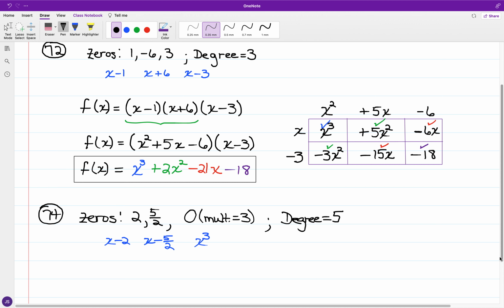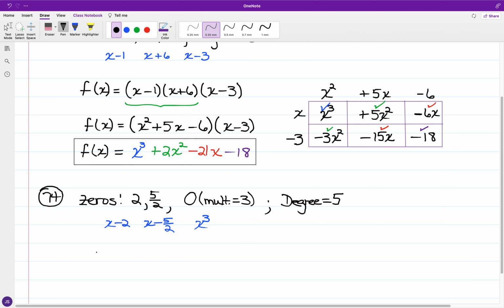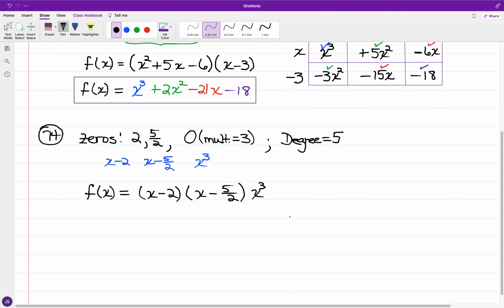So a factored form of what we have here: f of x is equal to the quantity of x minus 2, times the quantity of x minus 5 halves, times x cubed.